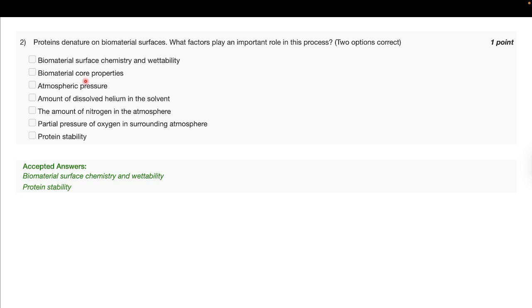If you look at the other options, biomaterial core properties have nothing to do with protein absorption. Atmospheric pressure, amount of dissolved helium in the solvent, amount of nitrogen in the atmosphere, partial pressure of oxygen in the surrounding atmosphere, none of these matter when your implant surface is already inside the patient's body and there are proteins all around it. So is this clear?